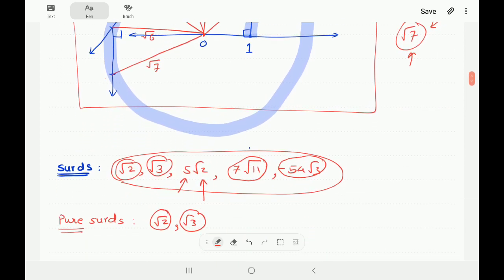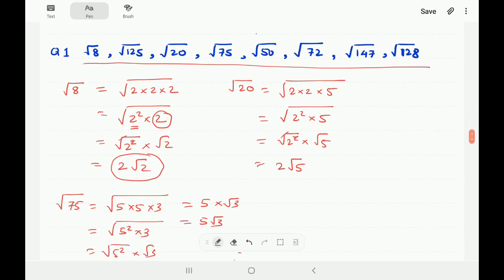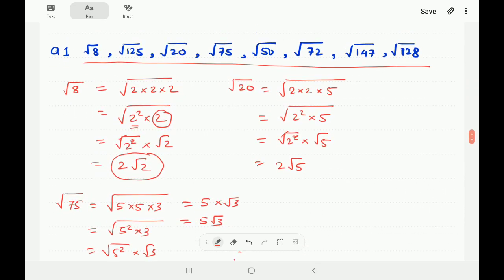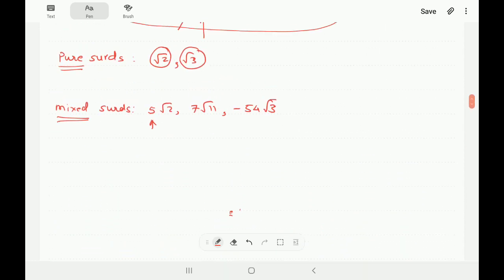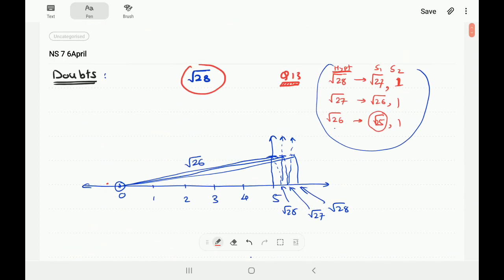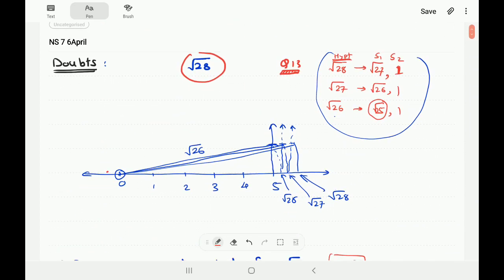And this question you have to complete today, which is question number 1: convert into mixed surds. Clear? From today, we are actually going to increase the speed, so quickly complete this today. If you are left with yesterday's questions, that is construction of root 19 and root 28, complete everything.